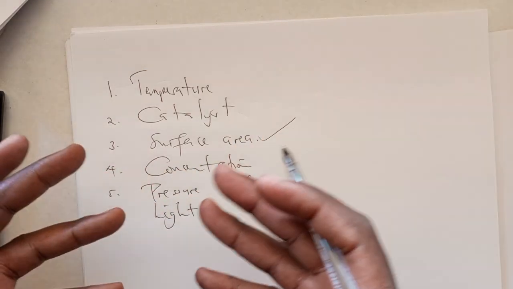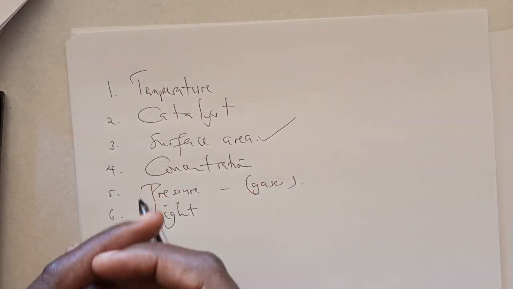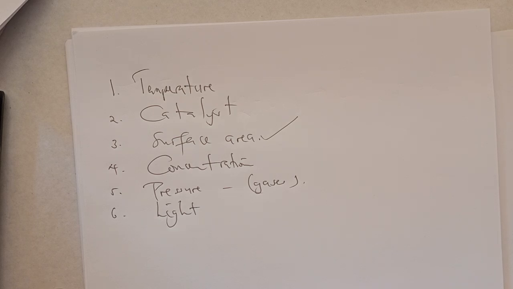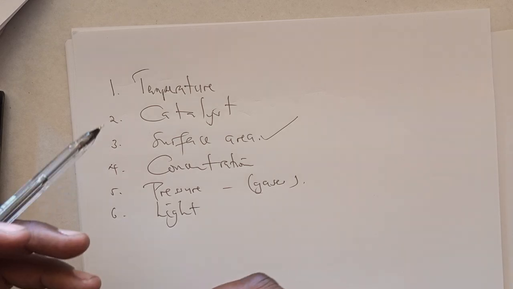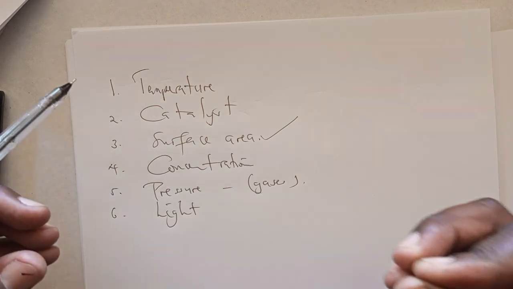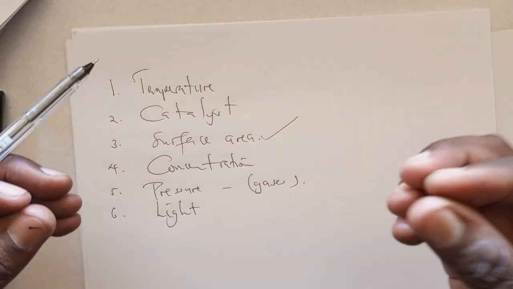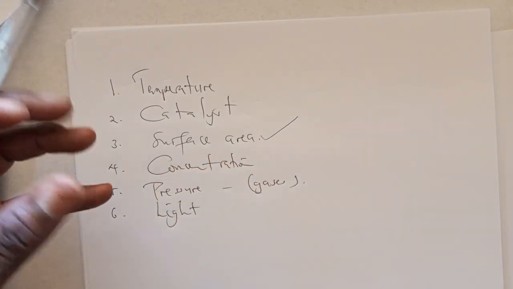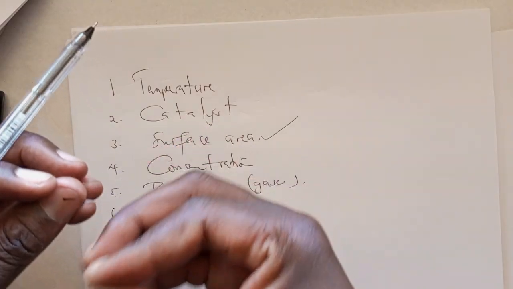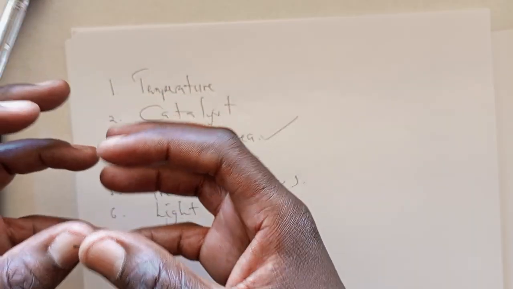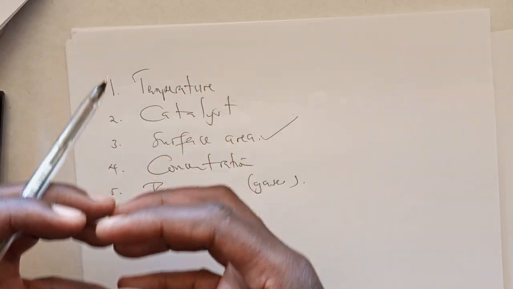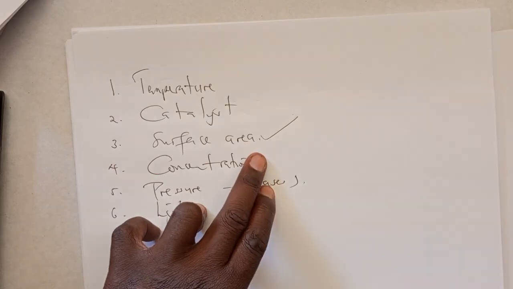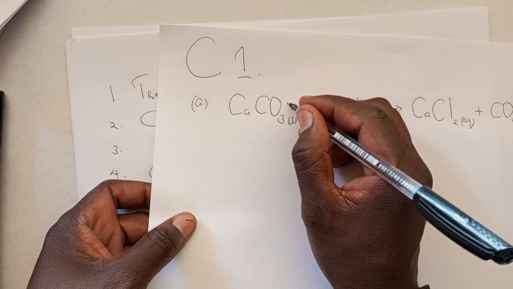Because you know that you are increasing the collision rate and the collision frequency, and also the other reacting substance will be able to act on that particle whose size has been reduced at a faster rate. Okay, so this one is applicable to calcium carbonate.